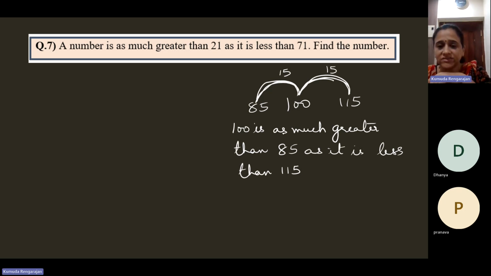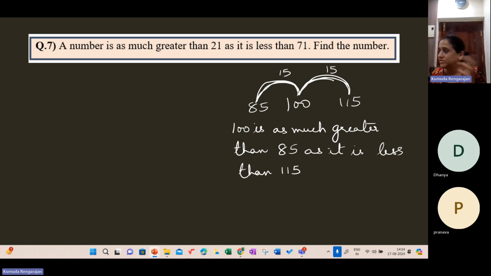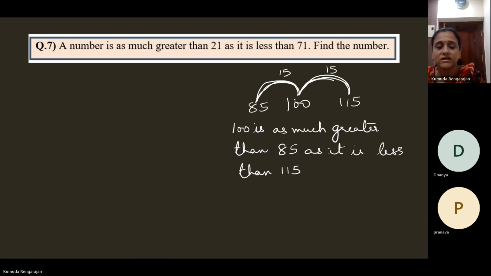So 100 is as much greater than 85 as it is less than 115. That means the difference is the same. By whatever number 100 is greater than 85, by the same number 100 is less than 115.